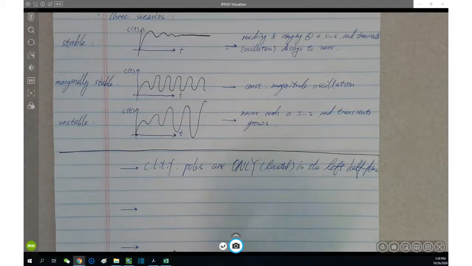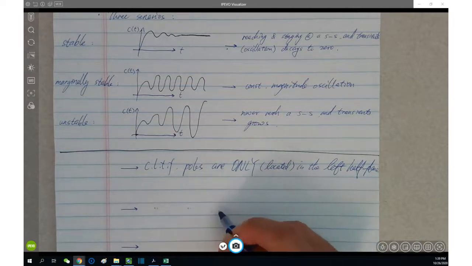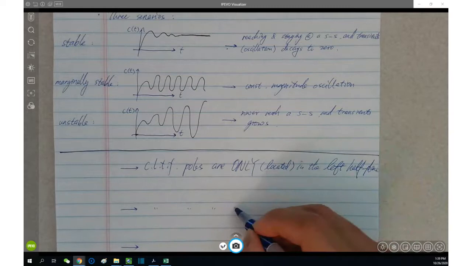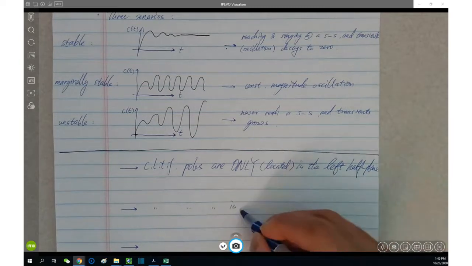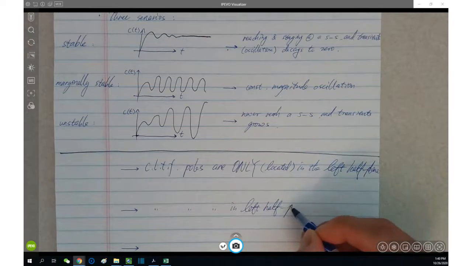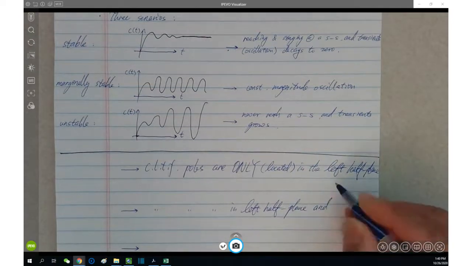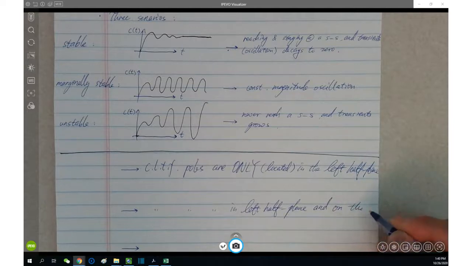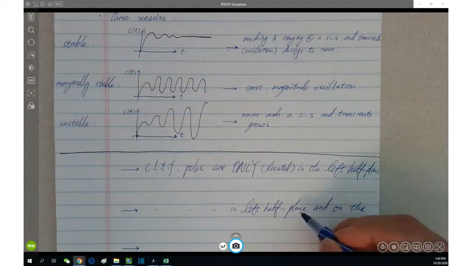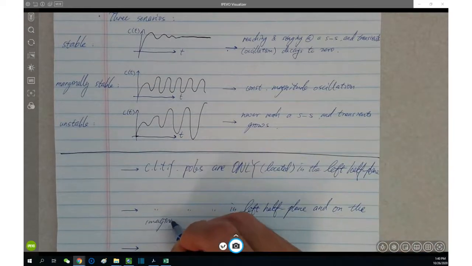And the marginally stable, what do we have? Closed loop poles are in the left half plane and on the imaginary axis.